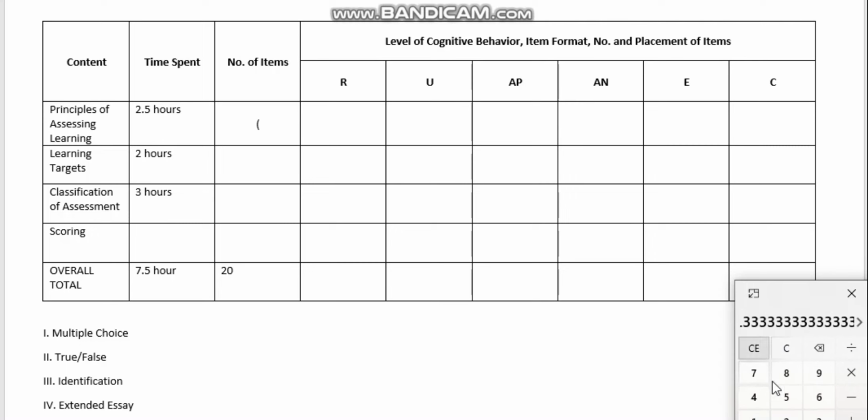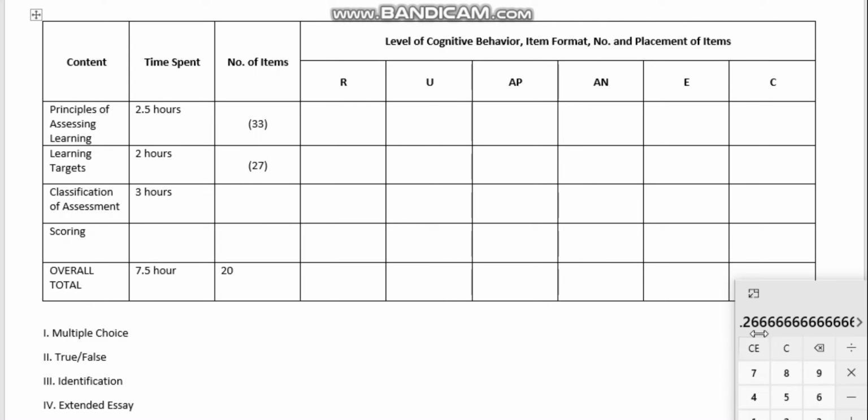33.333 and so on, so we'll just round this down to 33%. Then for learning targets, we have 2 divided by 7.5, which is 0.266 times 100, that is 26.66, so we'll round this up to 27%.